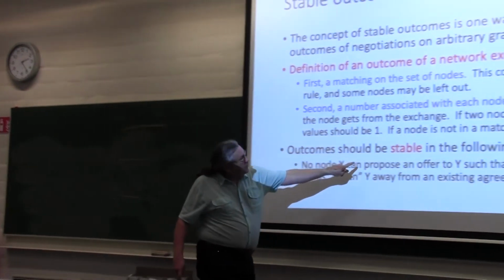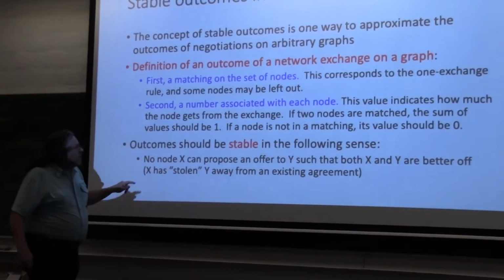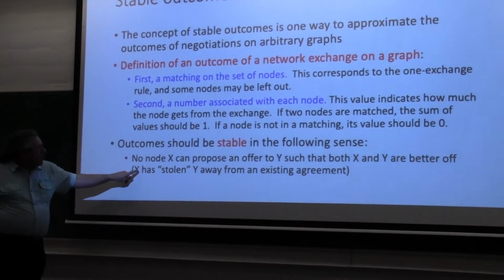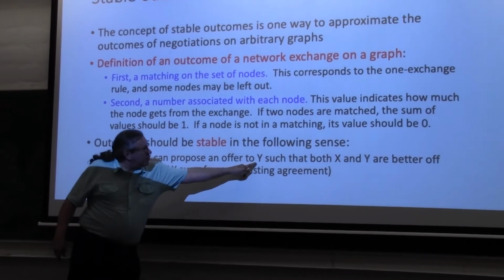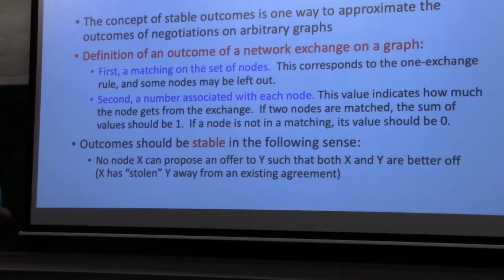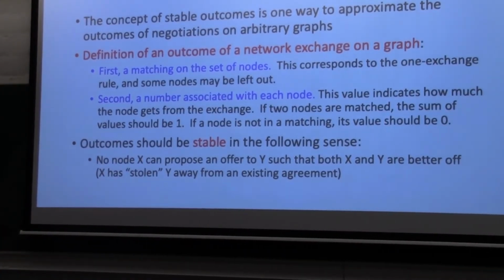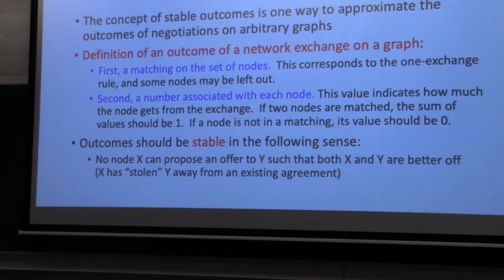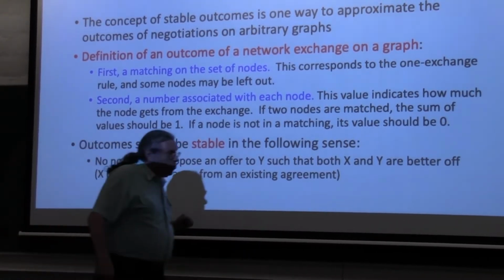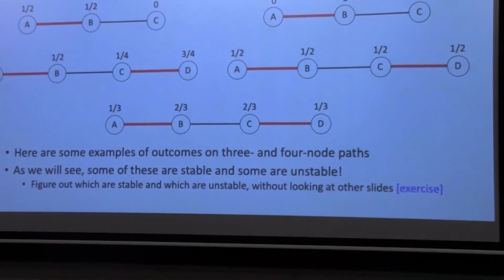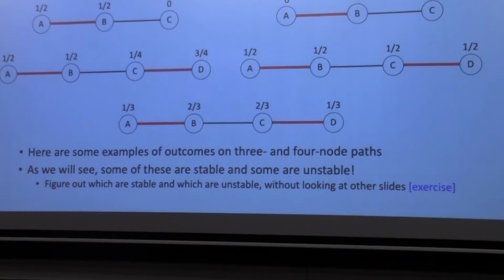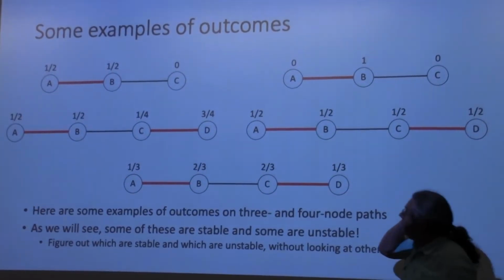An outcome should be stable. Stable means that no node X can propose an offer to Y such that both X and Y are better than they actually are. So X can steal Y. Here are some examples of outcomes. Some of them are stable, some of them are not.